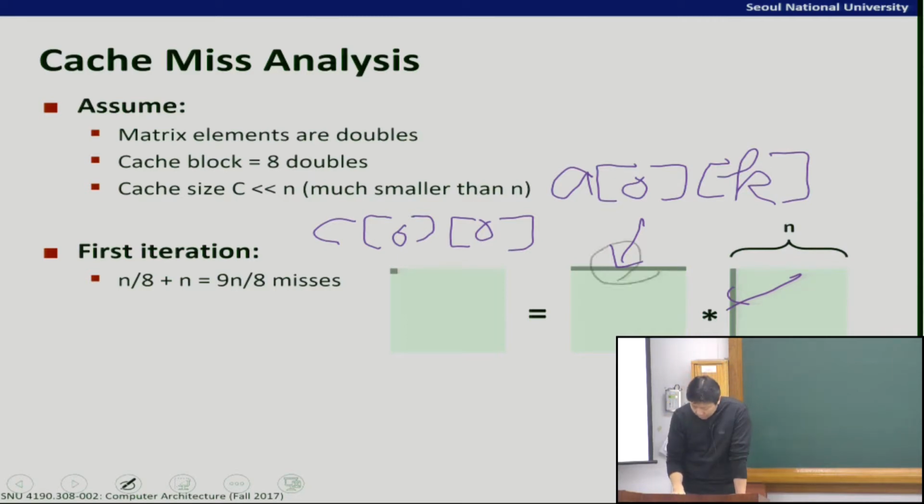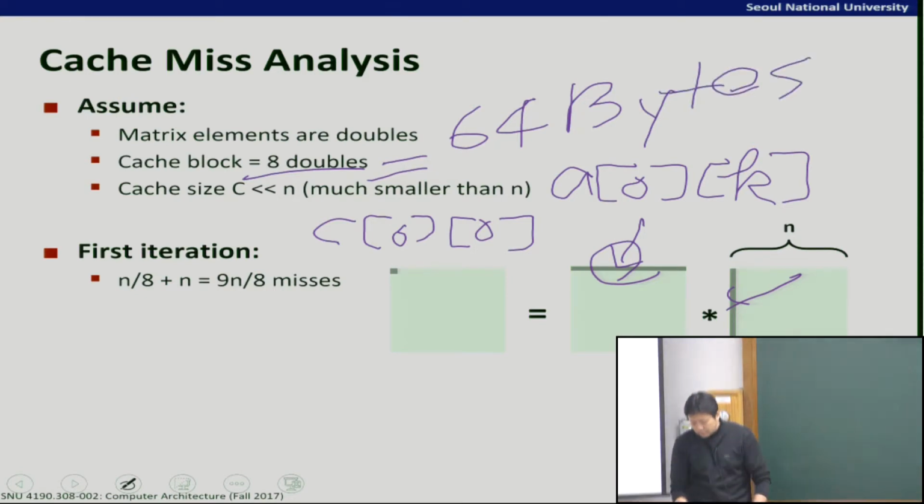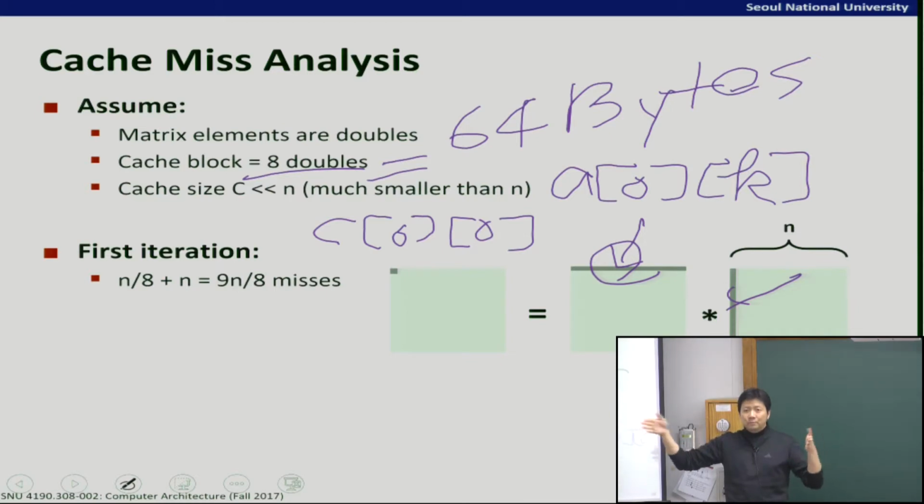But for the row, because we can pack 8 doubles... sorry, I made a mistake. It's actually 64 bytes, so the cache block is 64 bytes instead of 32. I was wrong. So if you read a row, we have a cache miss at every 8th access, right? Because we have a cache miss followed by 7 hits.